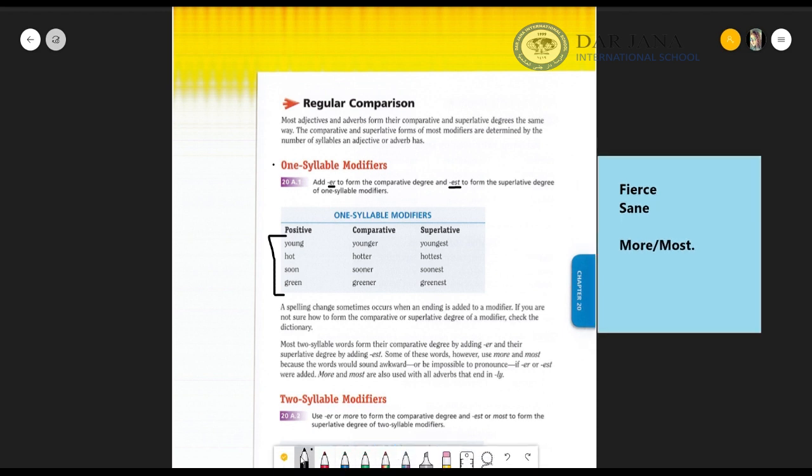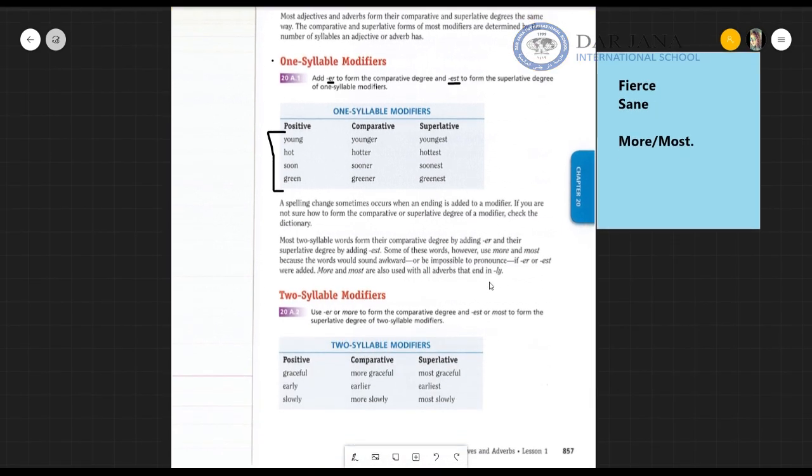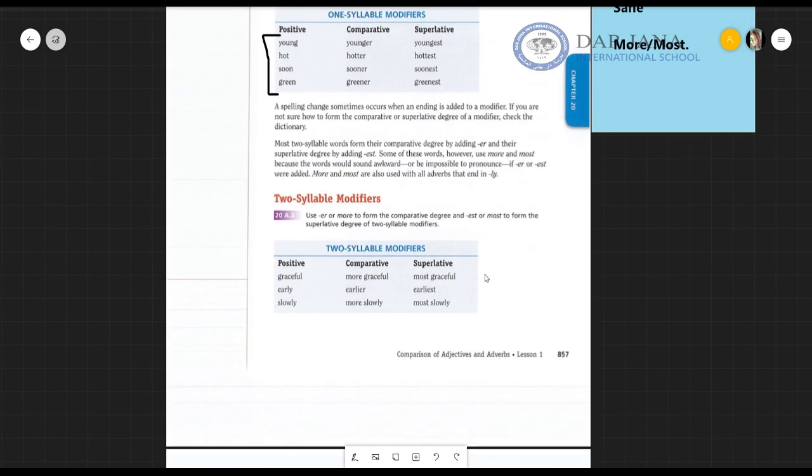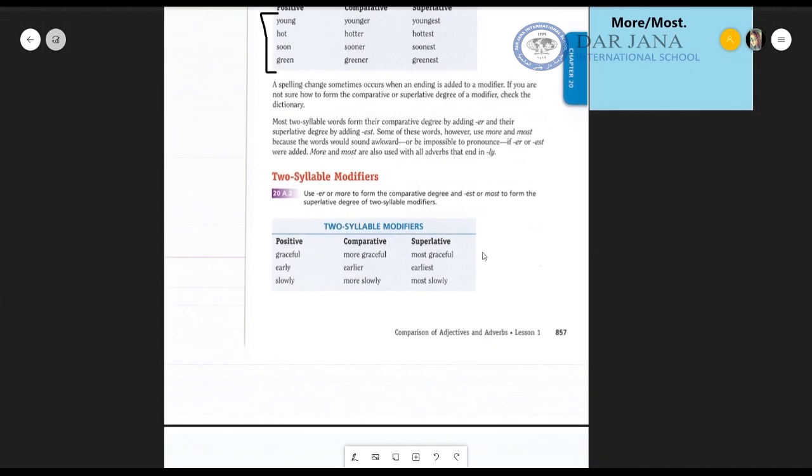Moving on, two-syllable modifiers. Two-syllable modifiers can be a mix-up for some students because they can either take ER or EST, or you have to add more or most to the word. Again, how can I know? You cannot know.